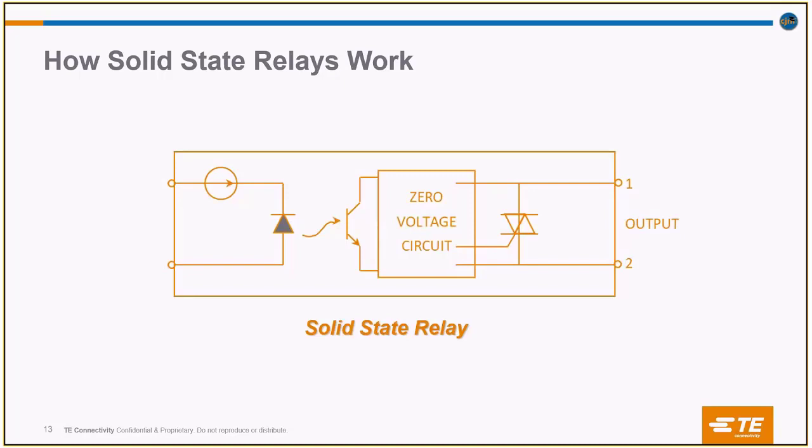In the solid state, we do not have mechanical movements. So how is it achieved? It is achieved by means of electronic components. So we have circuits inside the solid state relays as well. These are all electronic components, and without the use of moving parts, that is how the solid state relay works.